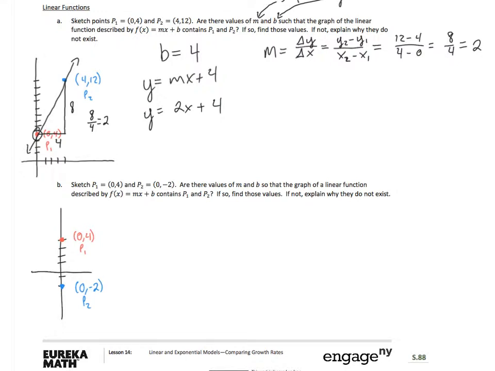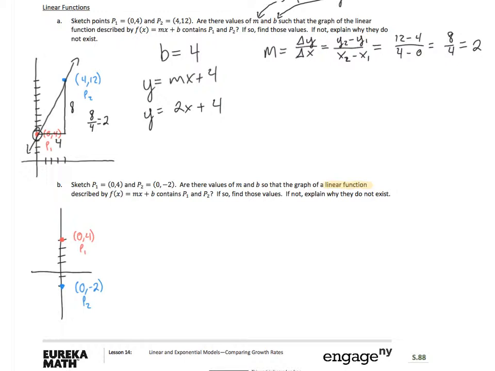And hold up, I see something interesting. So this is also asking for a slope and a y-intercept so that the graph of the linear function described by this contains the points. So again, I am looking at a function, but I noticed something odd about my graph, because functions have certain rules that they have to follow, such as every input can only have one output.